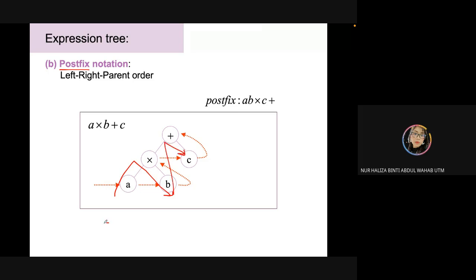That's why for your infix, A multiply B, you go to your parents, you get another right. Left, parent, right. This one will be your left, parent, right. While for your postfix, you got A, B, multiply, left, right, parents. So this is your answer.